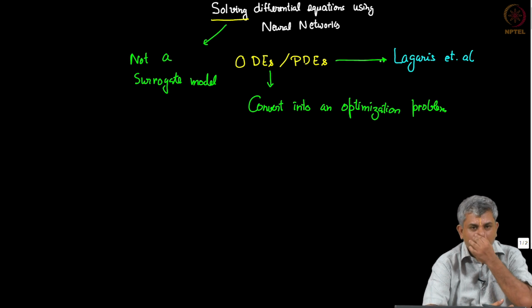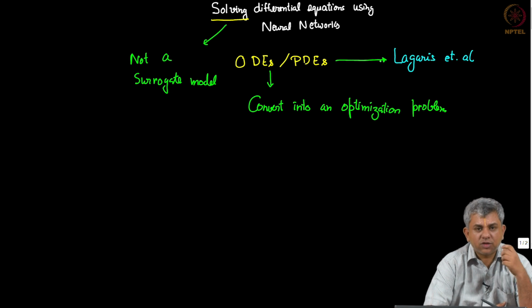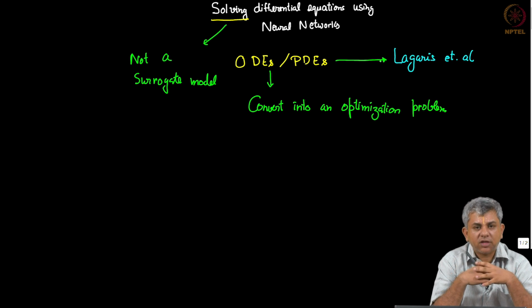Remember that when we were using the finite difference method or whatever method we had used to generate the CFD solutions, this was still in the usual way. Now, in this case, maybe using neural networks you can automatize the whole thing, and the neural network can both solve as well as learn from the solution. So, this is moving towards full automation of solving differential equations using neural networks.